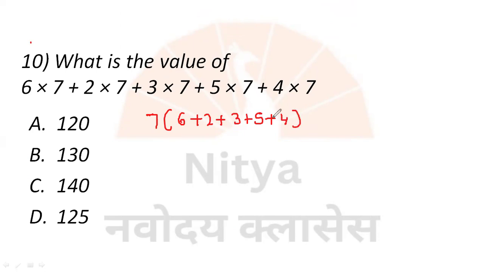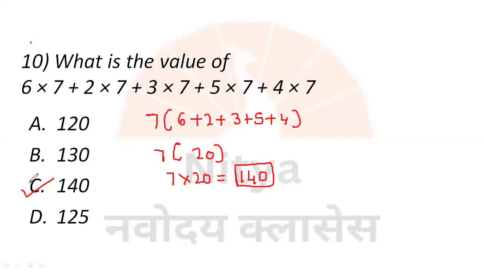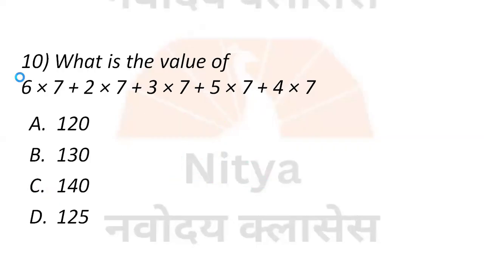So when we add, what do you get? 7 in the bracket, and when you add you get 20. Here there is no symbol, it means you have to multiply. So 7 20s are 140. 140 is the answer. Option number C. Okay. Next question.